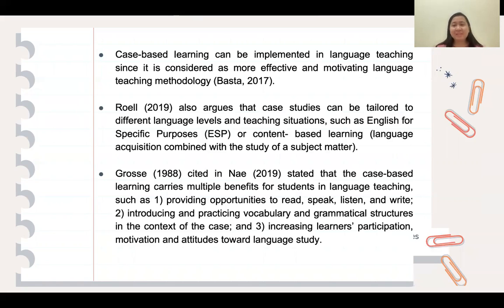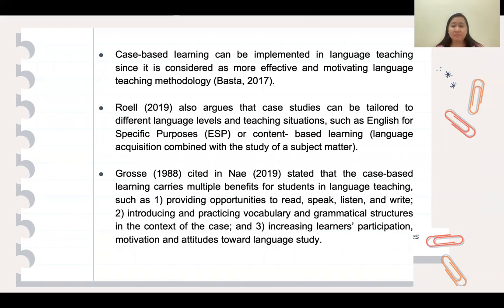So in this discussion, there are 2 articles to be reviewed, related to the implementation of case-based learning in teaching English for special purposes, to obtain more knowledge and concepts of case-based language teaching.